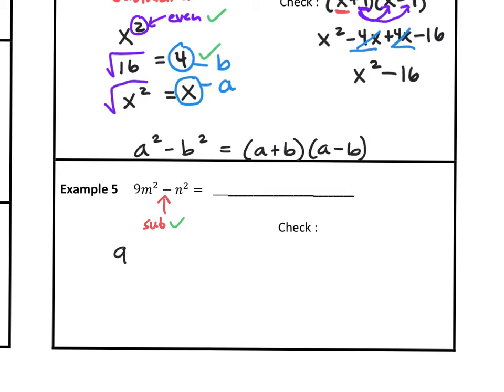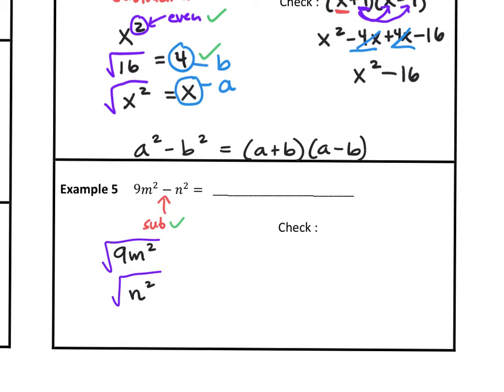The first term is 9m squared, and the last term is n squared. But can I take the square root of these? Is the exponent even? Yes. Is this exponent even? Yes. Can I take the square root of 9? Yes, the square root of 9 is 3.